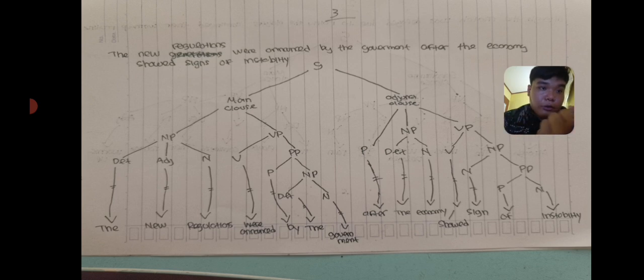We go down into noun phrase. The noun is signs. We're gonna go down into prepositional phrase. The preposition is of, and the noun is instability. So the adjunct clause is after the economy shows signs of instability.